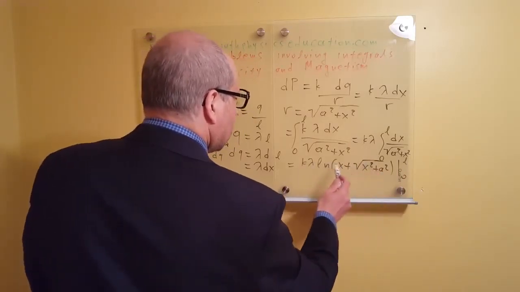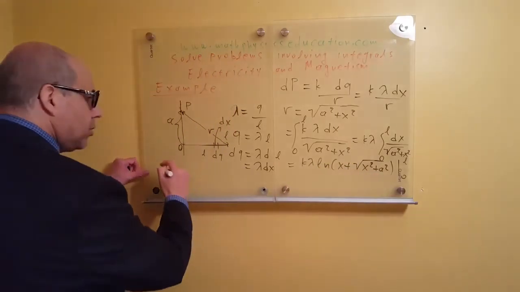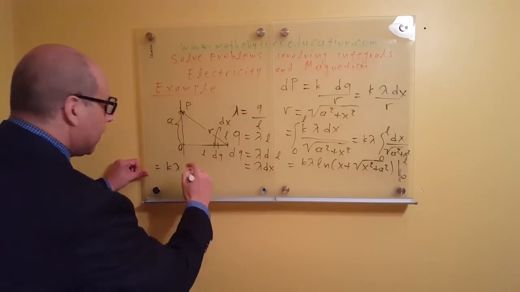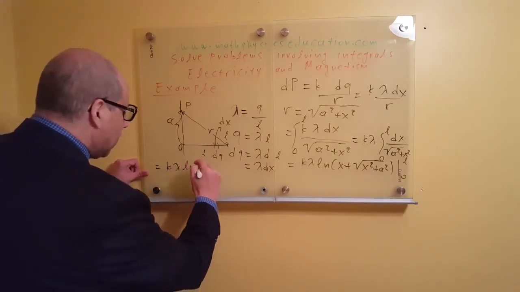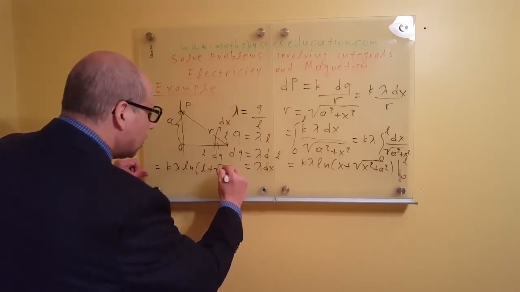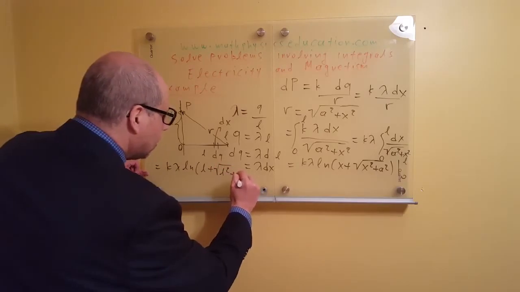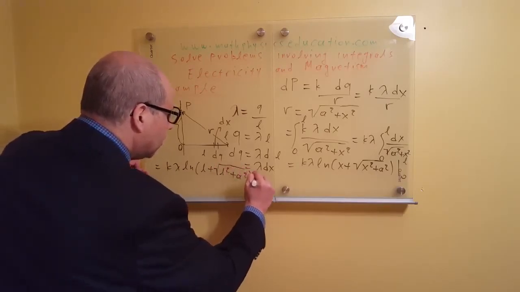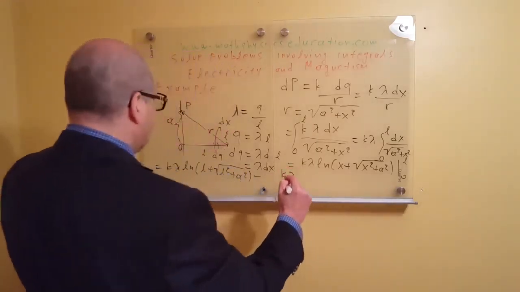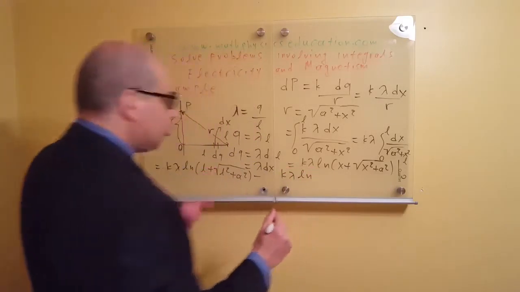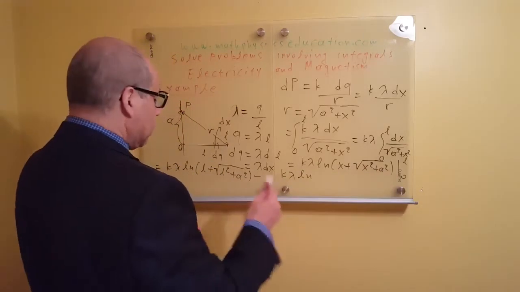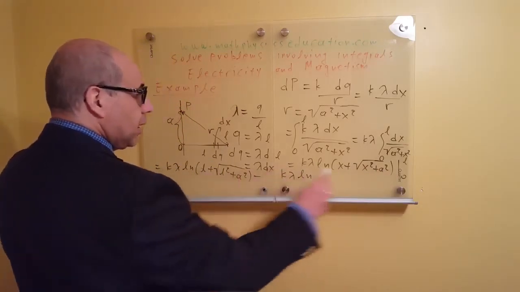Finally, we take k lambda as a common factor, and then you have the ln of this minus the ln of this.